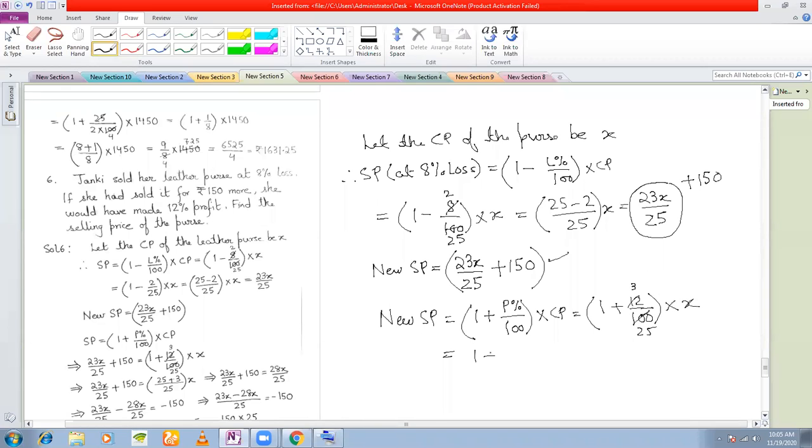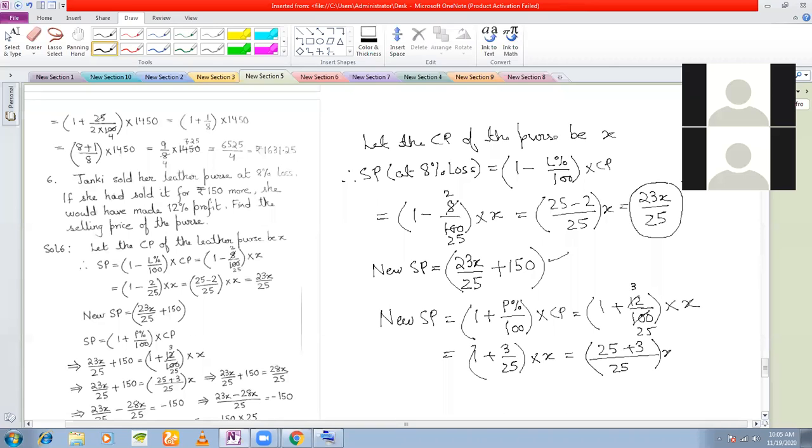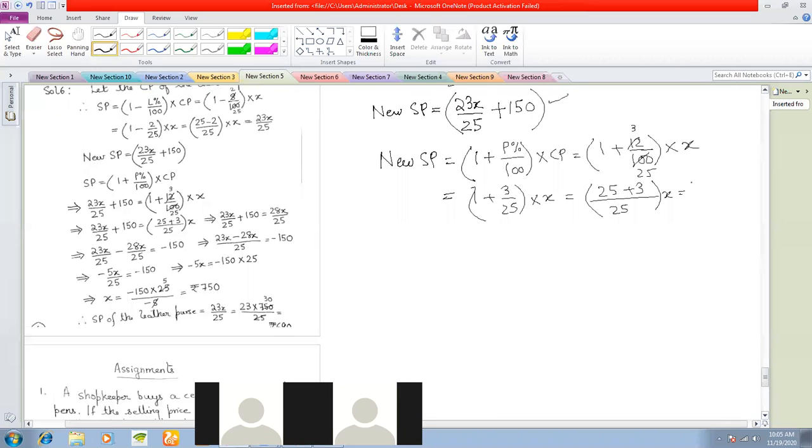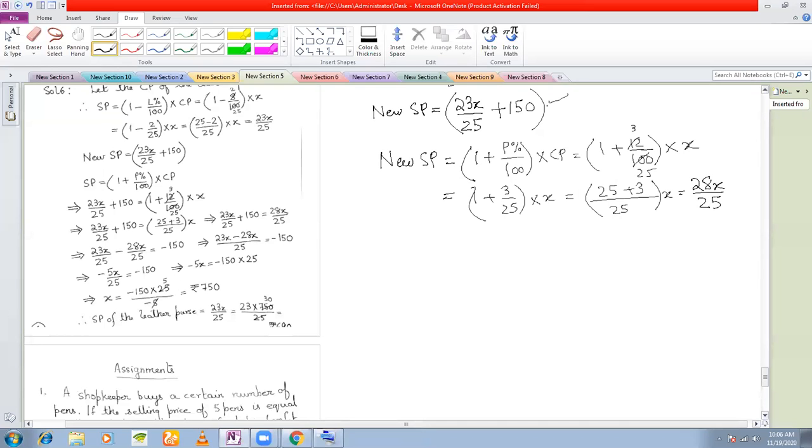Now you take the LCM, 1 plus 3 by 25 into X, which is your 28x by 25.